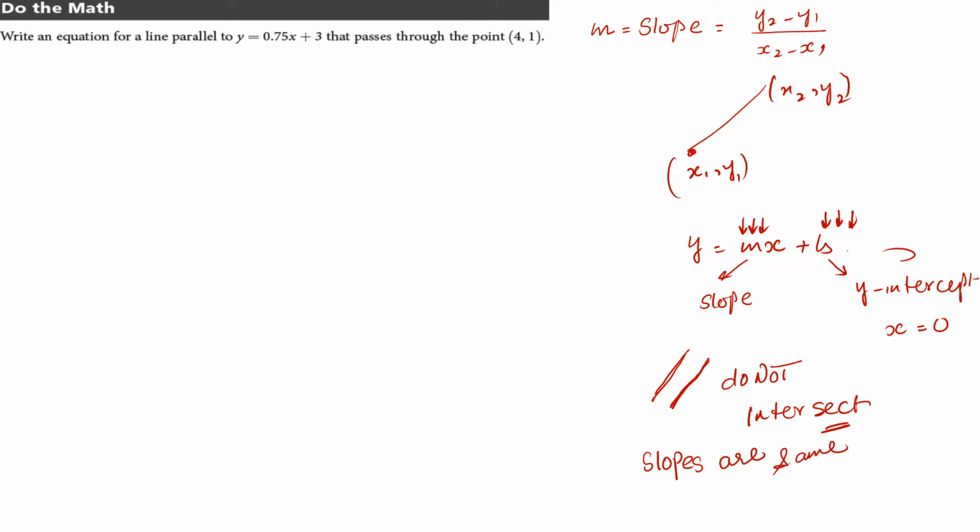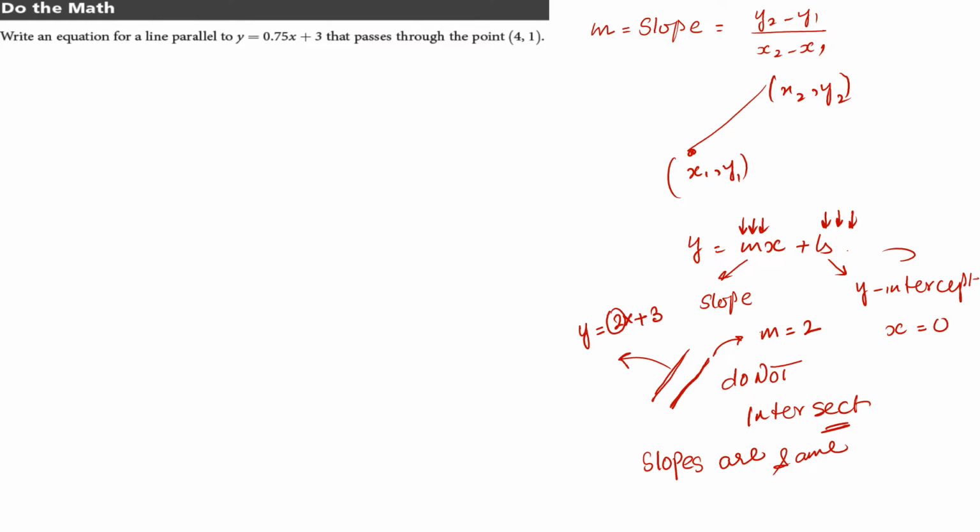So if the equation of this line is y equals 2x plus 3, then the equation of this other line, whatever it would be, will definitely have a slope of 2. Why? Because the slope of the first line is 2. How do I know that the slope is 2?